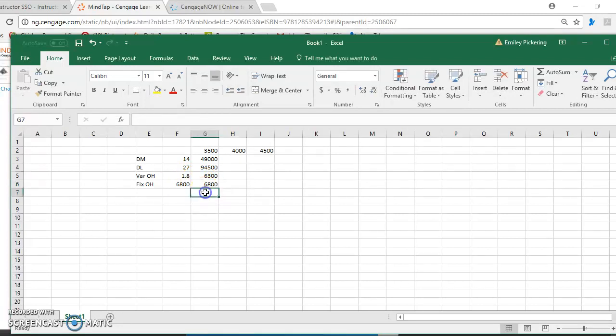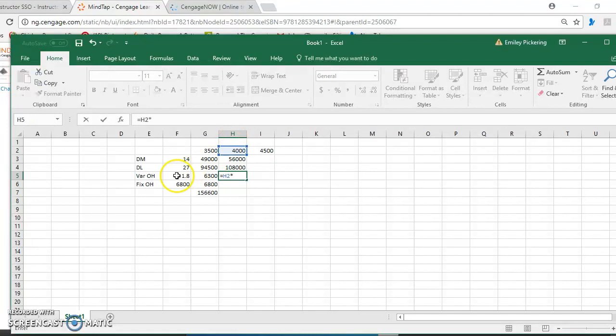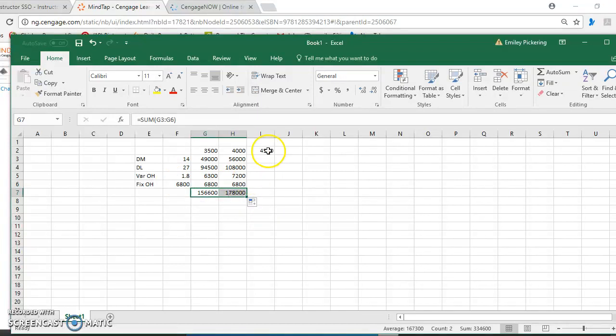Okay. So that's my cost at 3,500. This is my cost at 4,000.